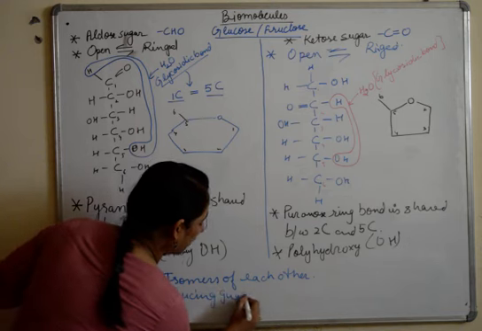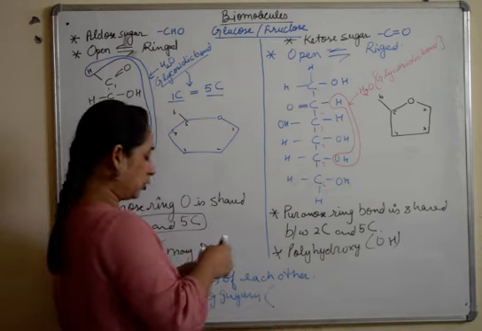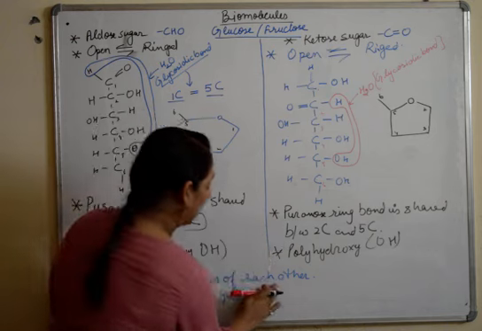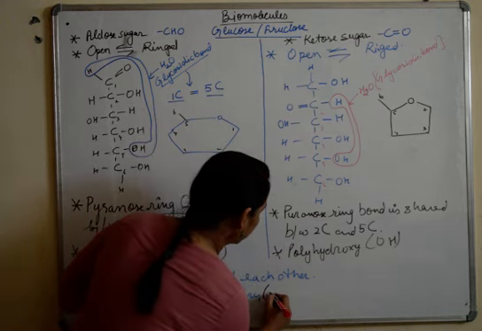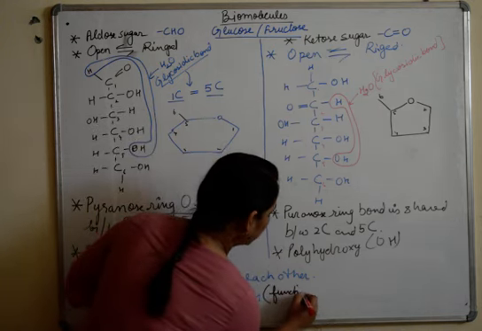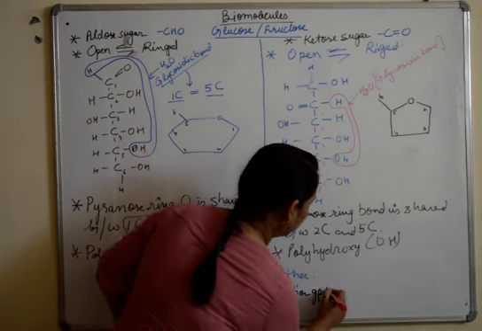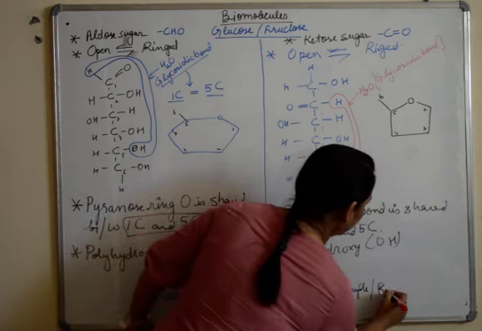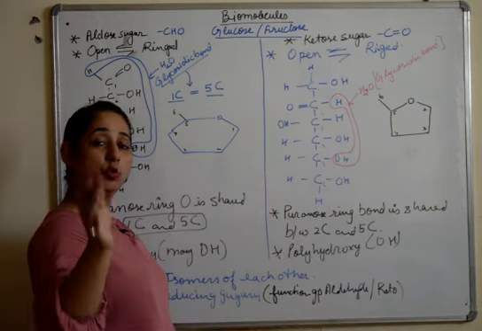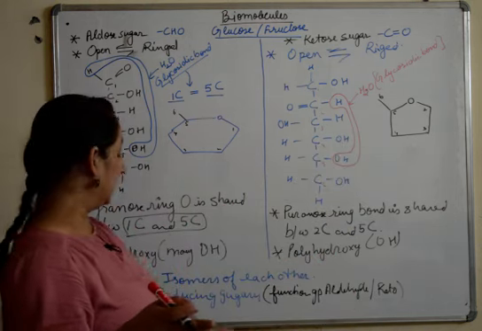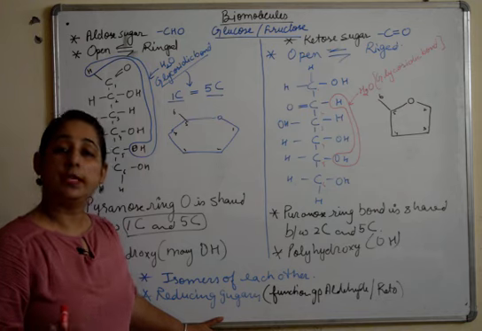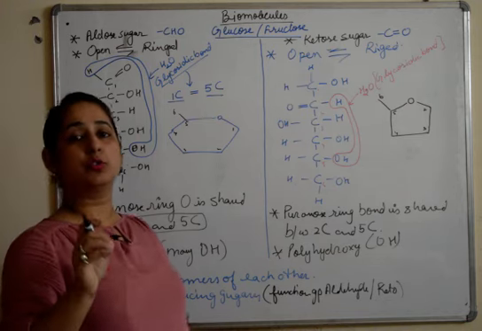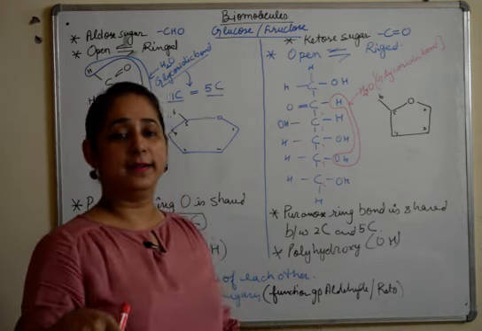Reducing sugars because of the presence of the functional aldehyde and keto groups. Because of the presence of these functional groups, they can also reduce cupric to cuprous in Benedict's solution.